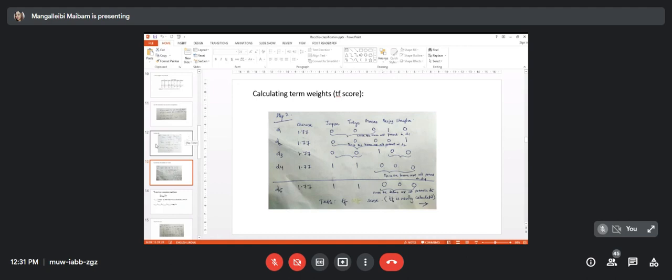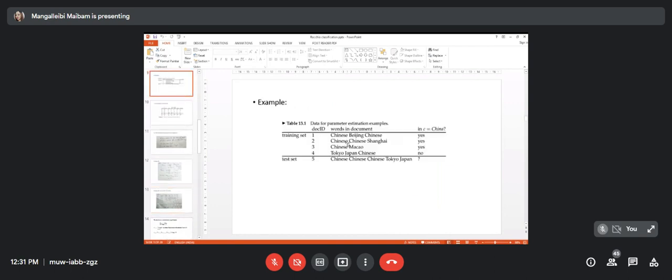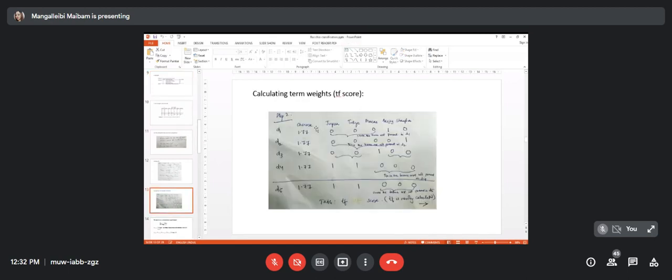Now coming to D2, you can check here. In D2 we have only Chinese and Shanghai, so we will have only these values, and the others will be 0. Since we have two Chinese, we write only one Chinese here, because Chinese, Japan, Tokyo, Macau, Beijing, Shanghai are the unique vocabulary terms.